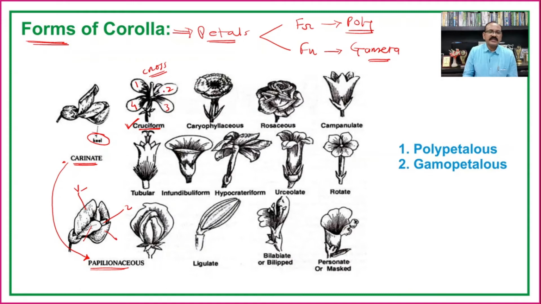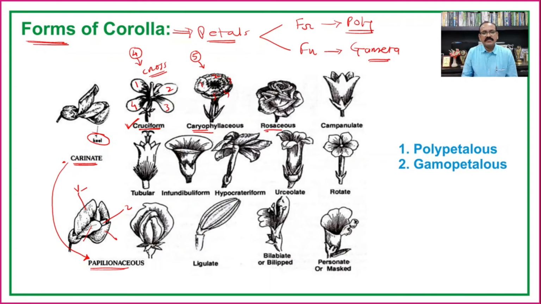But if instead of four there is the presence of 1, 2, 3, 4 and 5 petals, and they are spreading in the form just like that of a cross, then it is known as caryophyllaceous type of the corolla. Means here also there are clawed petals, but in cruciform there are 4 petals, and in caryophyllaceous there are 5 petals. This is the difference.